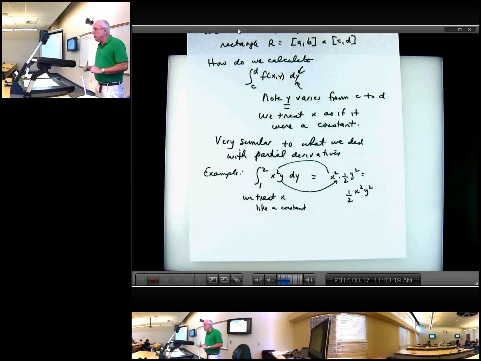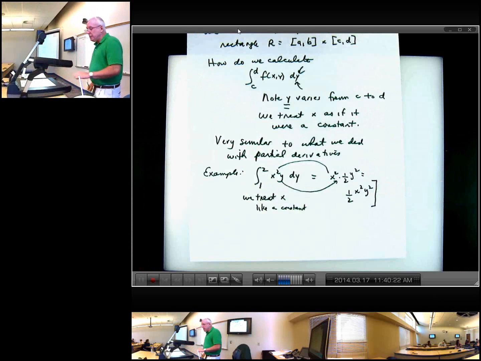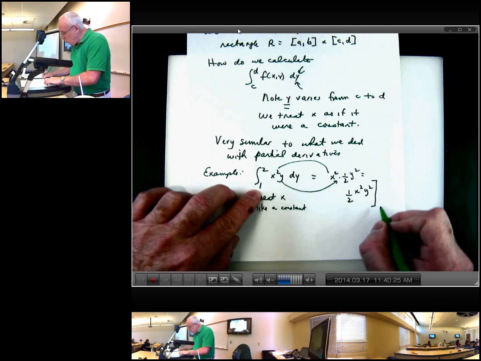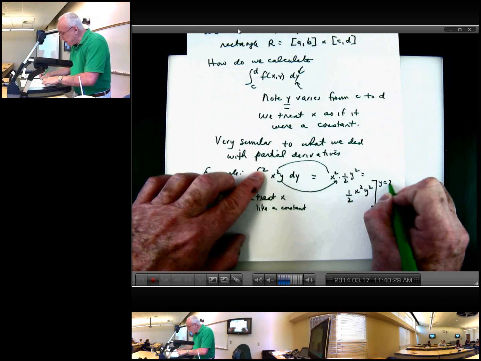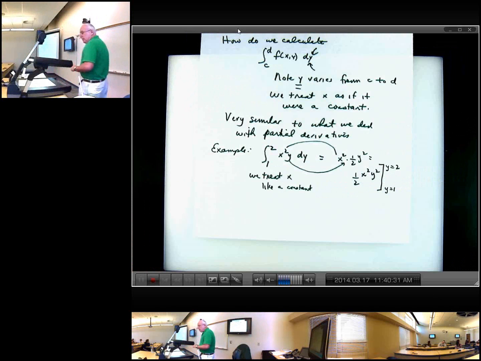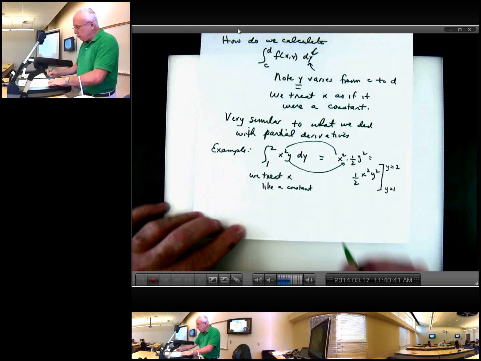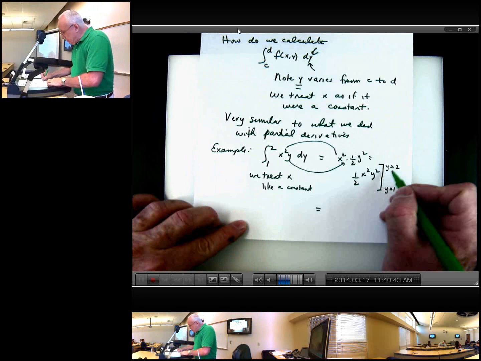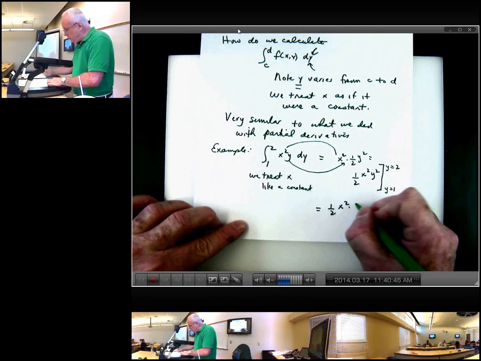All right? Now, this is a definite integral, so I put my brackets. And this is where y is equal to 1 and y is equal to 2. So I then have to plug in values, but I'm only plugging in y values. So let's plug in the top value, y equals 2. So that's going to be 1/2 x squared times 2 squared.